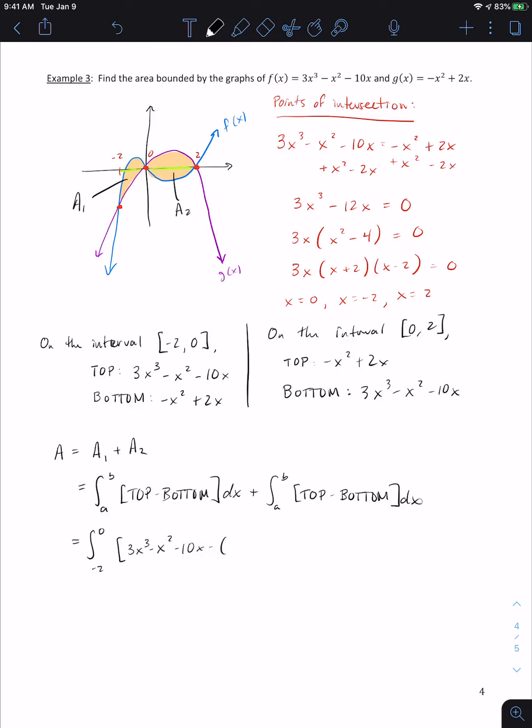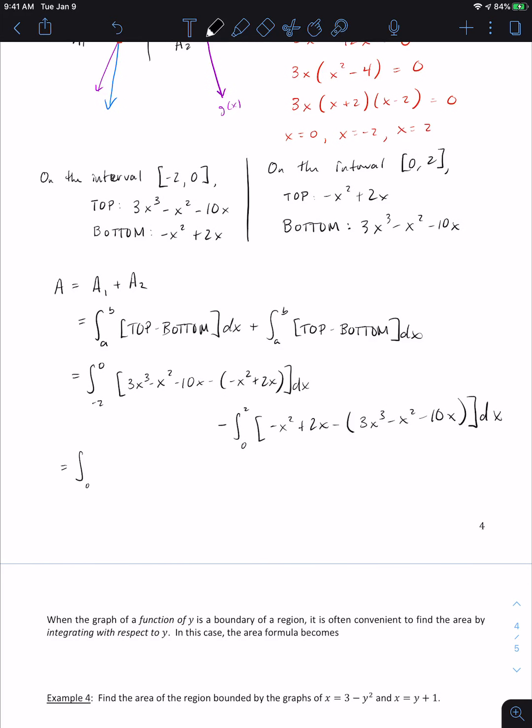I'm going to subtract my bottom function, using careful parentheses so I remember to distribute that negative sign. But now I do my other area, which is going to go from 0 to 2. Again, my top function is going to be negative x squared plus 2x minus the parenthesis 3x cubed minus x squared minus 10x, dx.